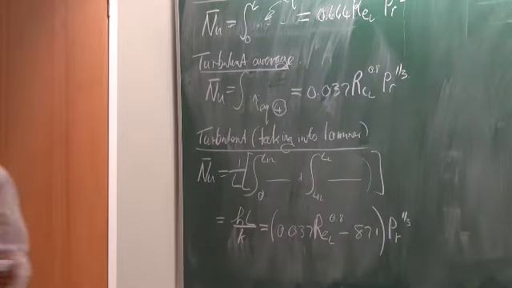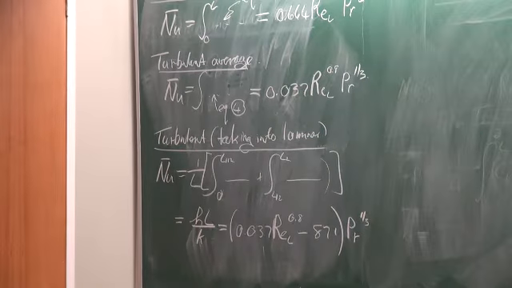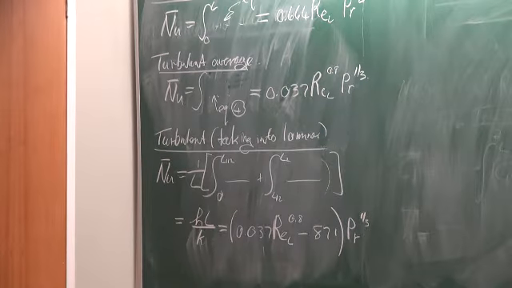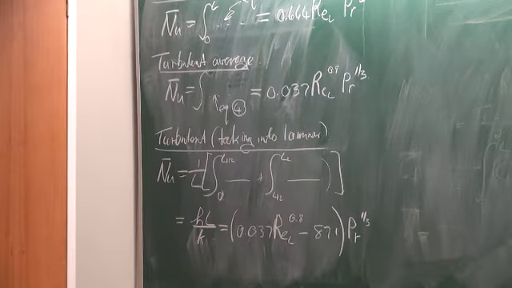This equation is valid for Prandtl numbers larger than 0.6 and smaller than 60, and for Reynolds numbers larger than 500,000 and smaller than 10 million.